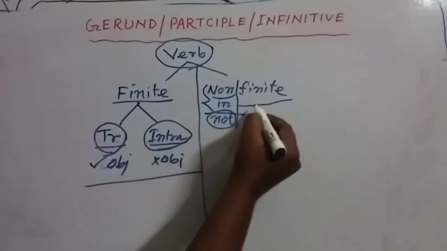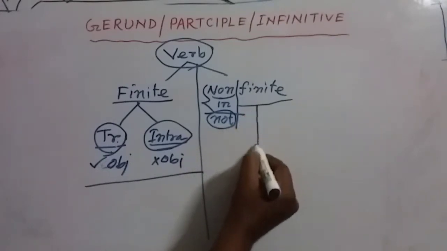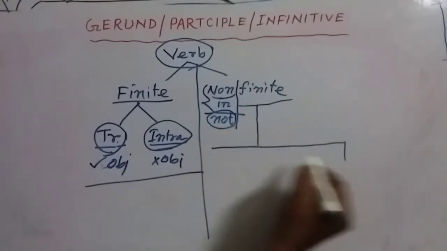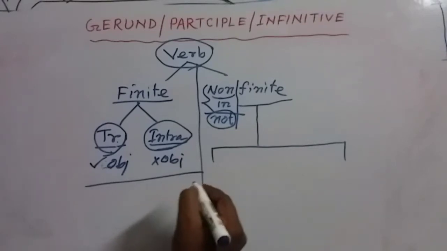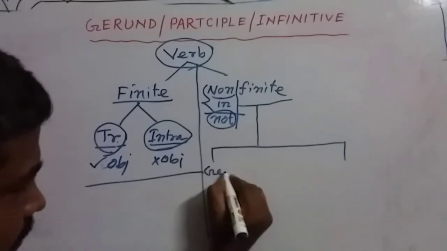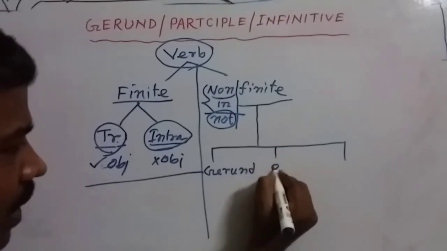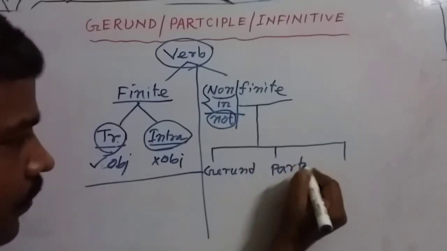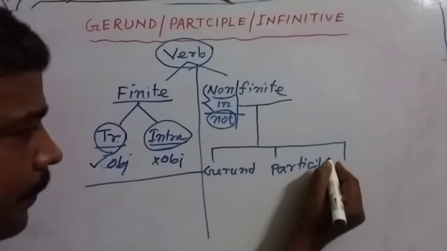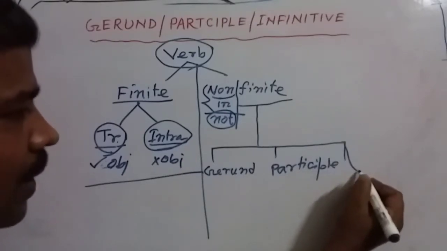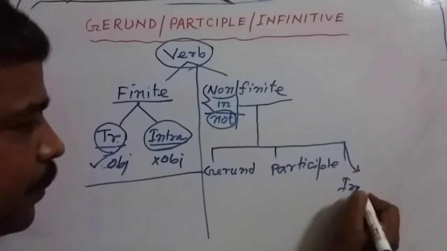So here non-finite verbs are subdivided into three parts. One is called gerund, another one is called participle, and the third one is called infinitive.